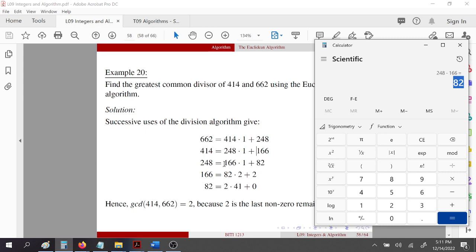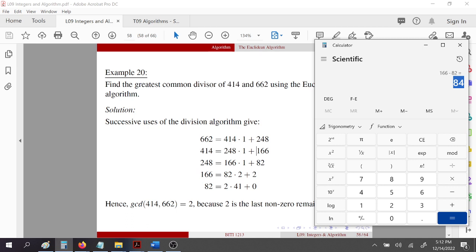And then we bring this number down, 166 and 82. Then we need to calculate the balance. 166 minus 82, then we can obtain 84. So the question arises: 82 and 84, which one is greater?